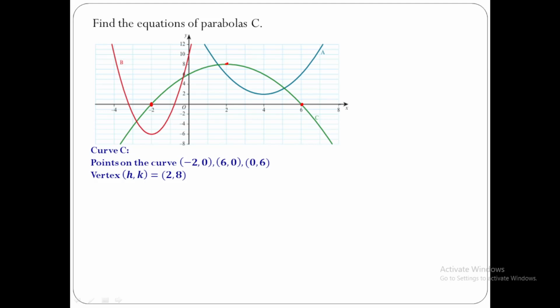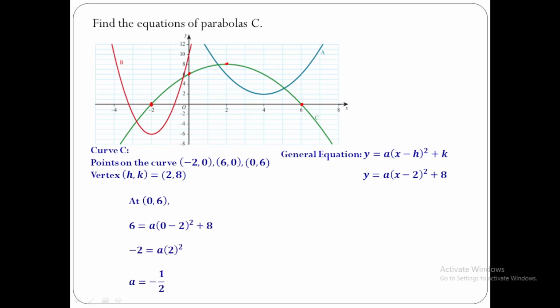The h comma k is 2 comma 8 and the points on the curve are minus 2 comma 0, 0 comma 6, 6 comma 0. So using any of the points from the x-intercept and y-intercept we can find the value of a. Here I have used the y-intercept, that is 0 comma 6.